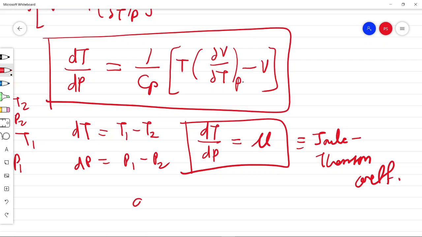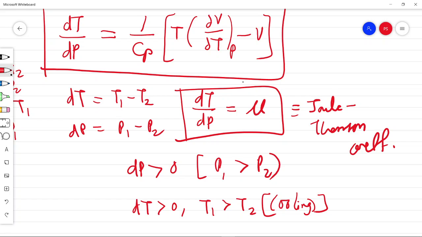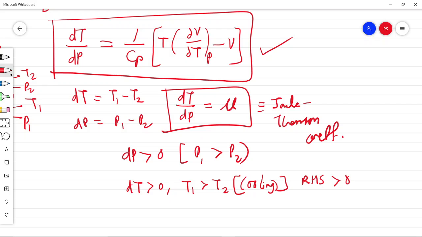We should note that dP is always positive. Why? Because P1 is larger than P2. So if we need dT to be positive, that is T1 larger than T2, which is the cooling effect, we need the right hand side to be greater than 0. So whenever for the given gas the term on the right hand side of this equation is greater than 0, we are going to observe cooling.